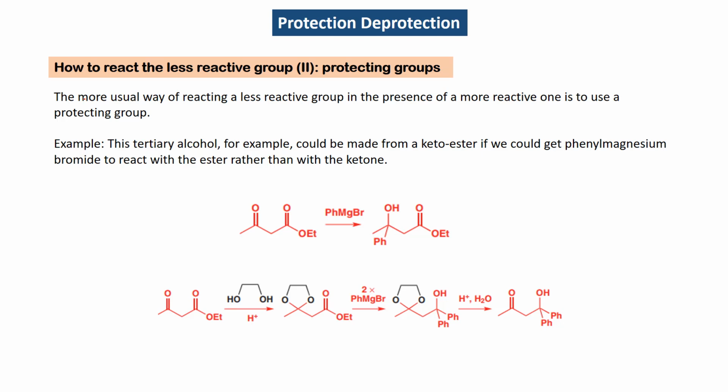By this we can make the less reactive group participate in our reaction system. The usual way of reacting a less reactive group in the presence of a more reactive one is the use of protection.